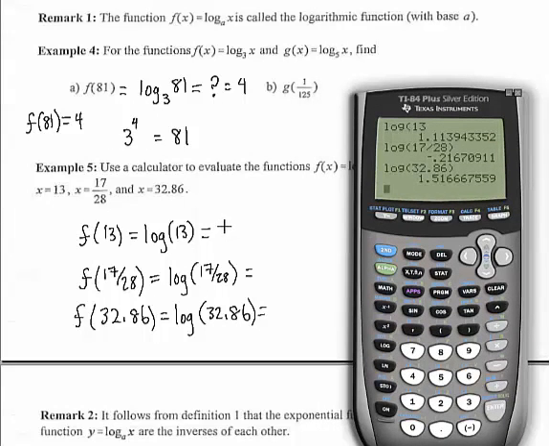So f of 13 would give me 1.11 if I round it to the nearest hundredths. F of 17 over 28 gives me a negative result. I'll round it to -0.22. And then f of 32.86 yields 1.52.